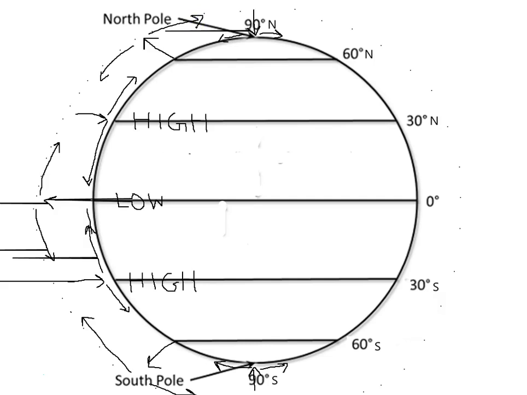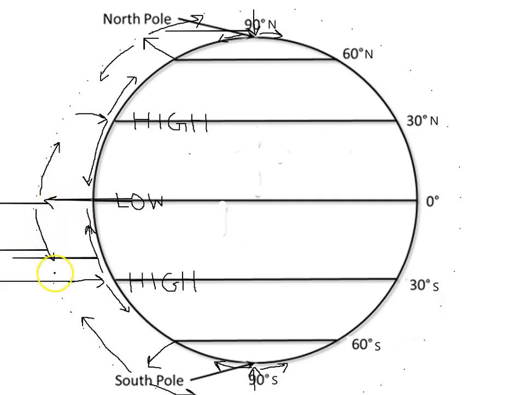Now we've got circulation between 60 degrees north and 90 degrees north that is a continuous loop of air. We've got circulation between 60 degrees north and 30 degrees north that is also a continuous loop of air. We've got a continuous loop between 30 degrees north and 0 degrees, and one between 0 degrees and 30 degrees south.